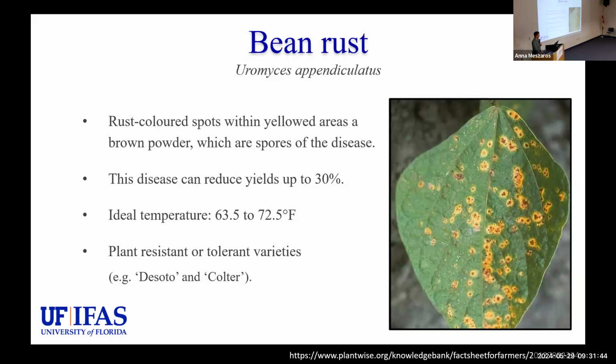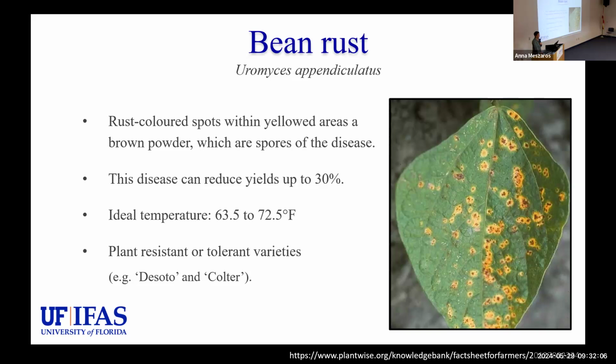And there are some host resistant or tolerant varieties that you can use against this disease. And it's important, especially for organic growers, because they don't have many strategies that they can use against this one, because the main strategy is actually to spray with fungicides.